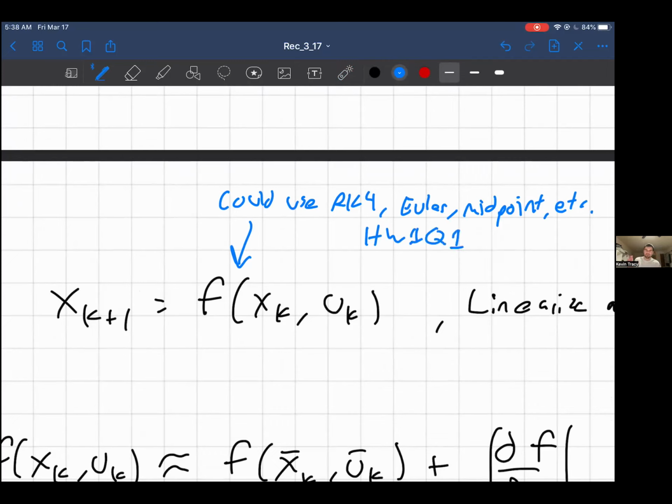Q1 is where we played around with all these integrators. So I had this discrete time dynamics model. I'm using some integrator, some explicit integrator here. So RK4, Euler, midpoint are all explicit integrators. And I'm using this to propagate my state and control at uk to xk plus 1.